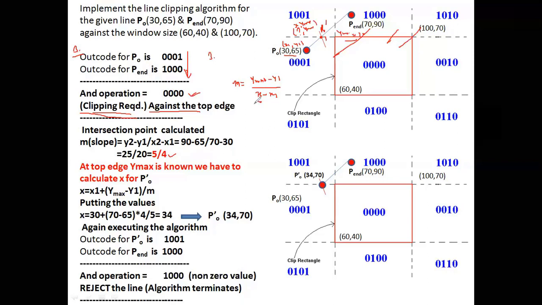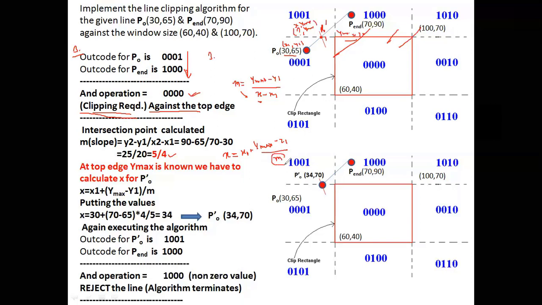So how can I do that? Simply I can bring m below: x minus x1 is equal to y max minus y1 upon m, and x will be equal to x1 plus this term, y max minus y1 upon m.